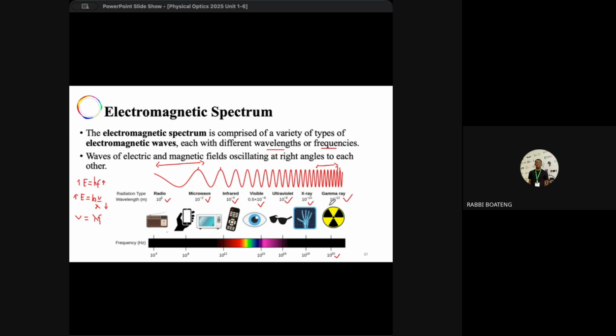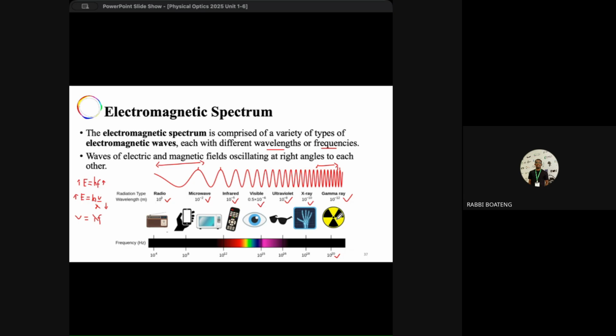Now, gamma rays has the highest energy because when you look at the chart here, frequency has the highest here. Frequency has 10 raised to the power 20, and the least one has 10 raised to the power 4. And we know that frequency is directly proportional to energy. So if frequency is high, it means energy is high. It's going to be different from that of the wavelength because they are inversely proportional.